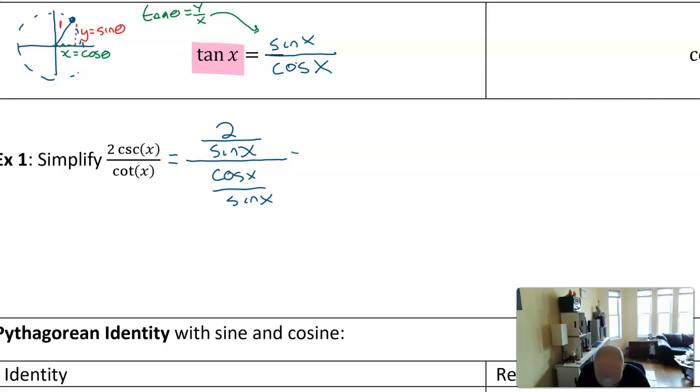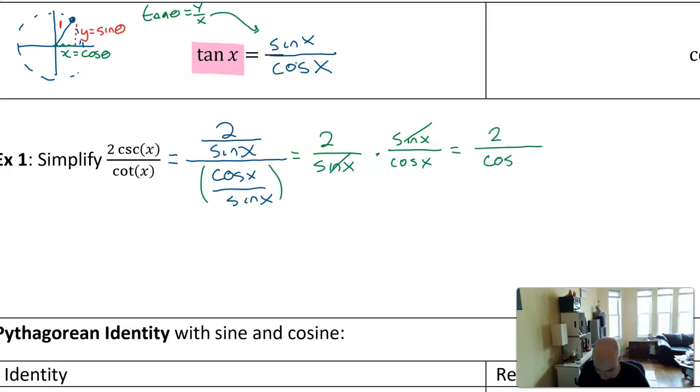So we can do another step. This is the same as 2 over sine x times the reciprocal of the bottom, right? Keep, change, flip: you take the reciprocal of the bottom, and this is then times sine x over cosine x. Well, sine x times sine x, that'll reduce out, and you get 2 over cosine x.